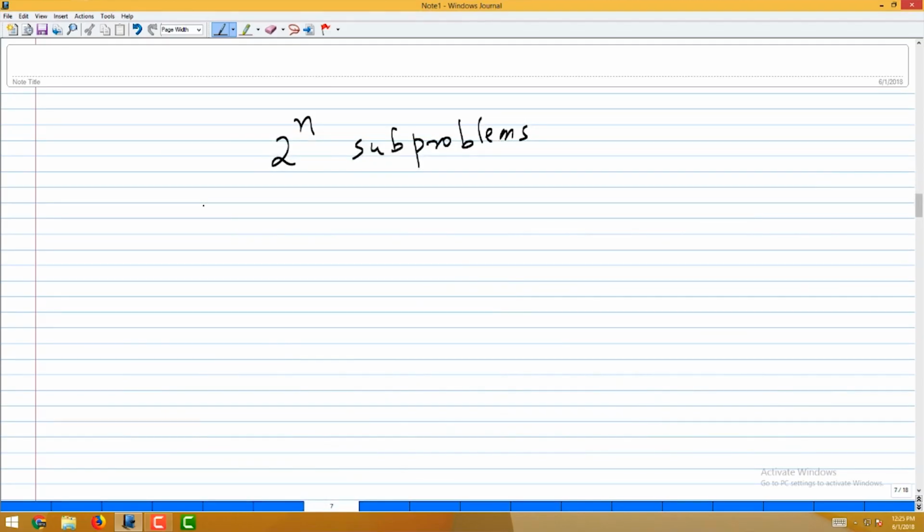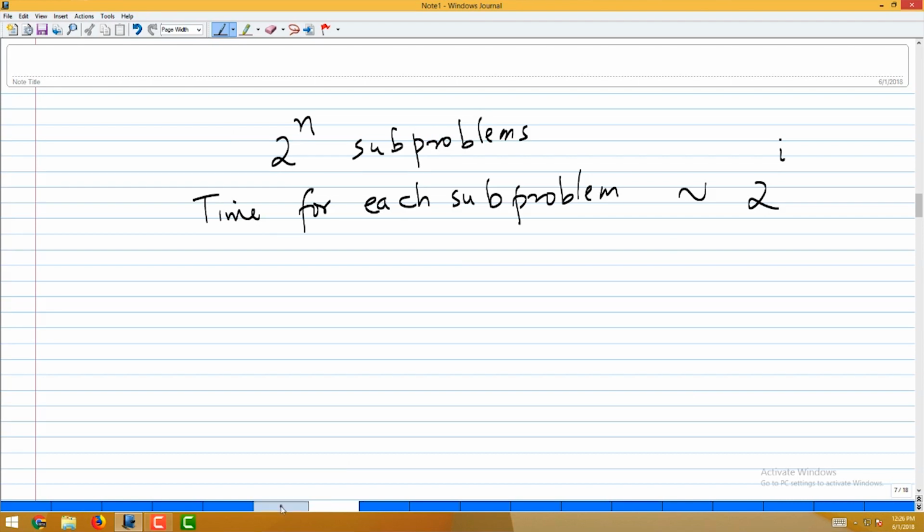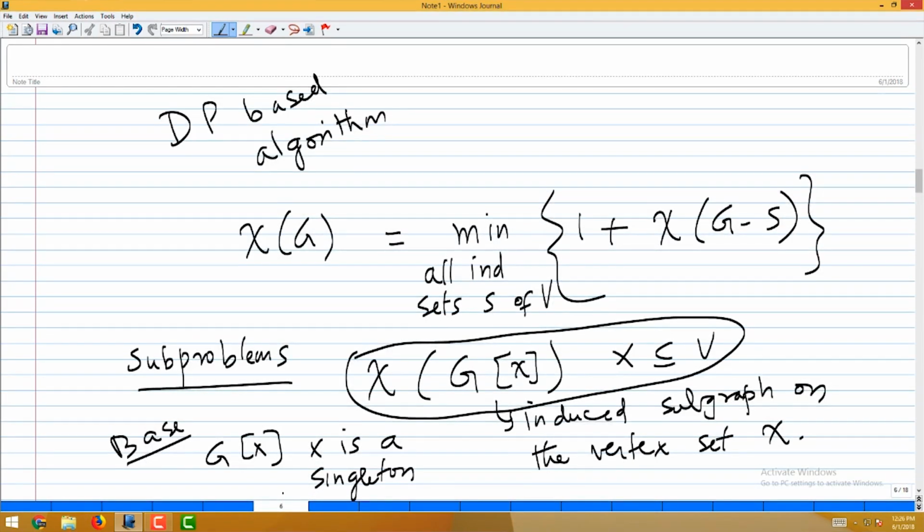The time for each subproblem is 2 power I, because I am running through all possible subsets and then just adding something. The remaining part is sitting in my table; this is not a recursive computation. You pull out and add these 2 numbers and take the minimum.